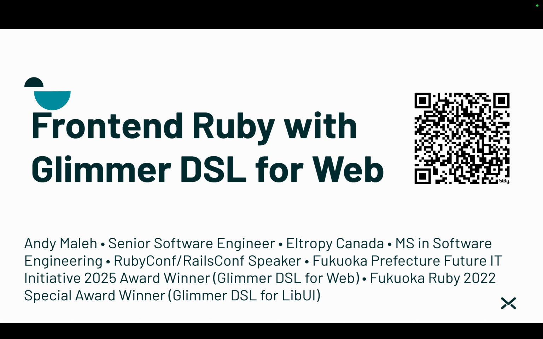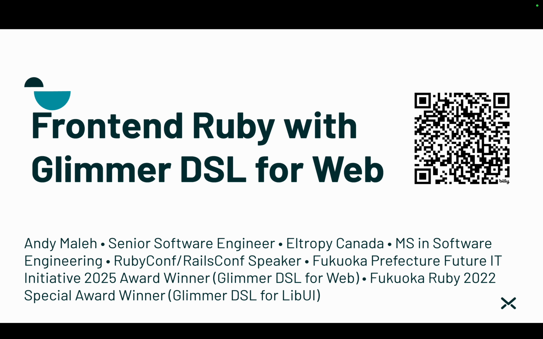I presented at RubyConf and RailsConf, and I won a Fukuoka Prefecture Future IT Initiative Award for Glimmer DSL for Web this year. And 3 years ago, I also won an award called the Fukuoka Ruby 2022 Special Award for Glimmer DSL for libUI after being reviewed by Matz, the creator of Ruby.